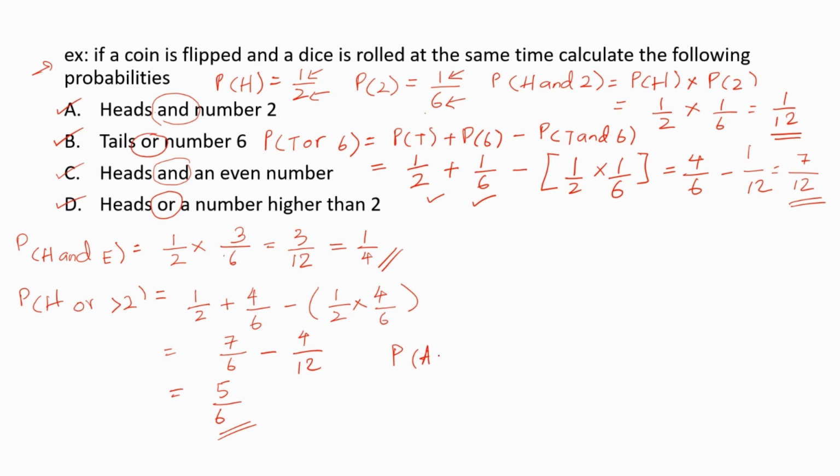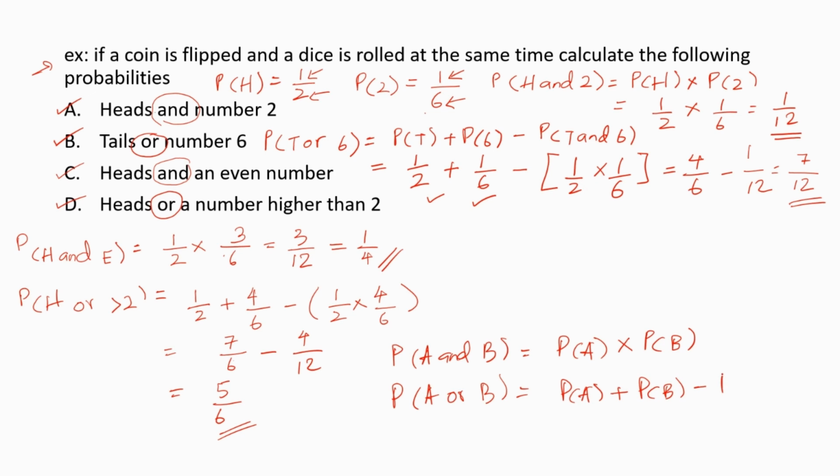Probability of A and B equals probability of A multiplied by probability of B. The addition law is probability of A or B equals P(A) plus P(B) minus P(A and B). You need to remember these equations.